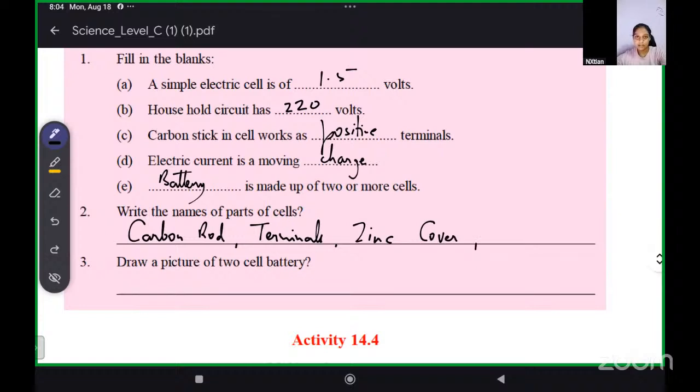Then you can write the metal cap that is on the top of the cell. And the chemical substances that are inside it.